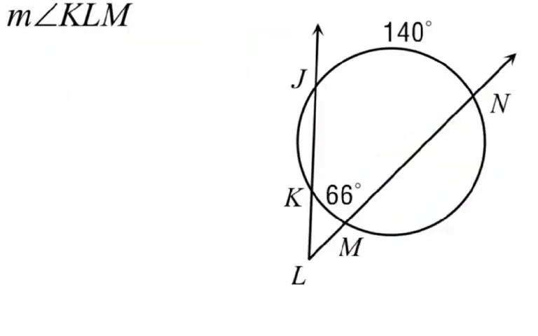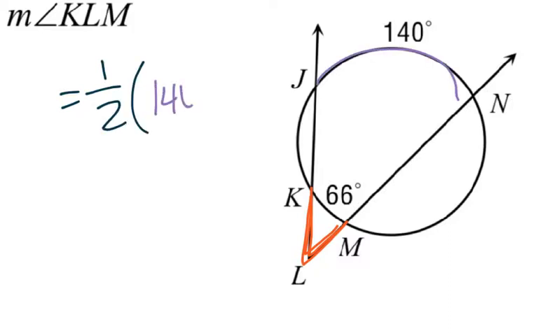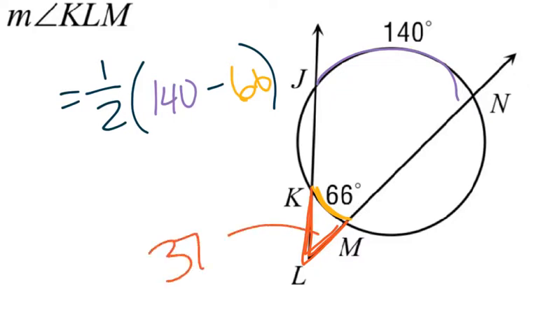Okay, so the angle I want to find is KLM, and it's going to be equal to half of the big arc, which is 140, minus the little arc, which is 66. So you just do that in your calculator really quickly, and I got that it was 37. So that angle is 37 degrees.